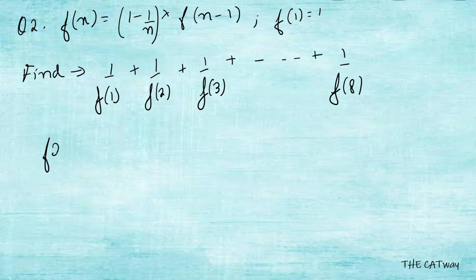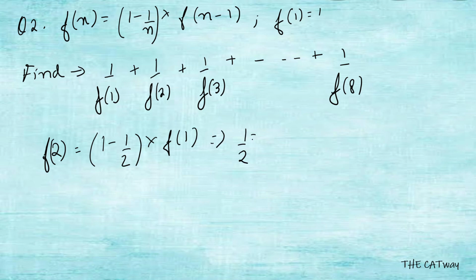Now n is equal to 2, so it will be 1 minus 1 by 2 into f(2 minus 1), that is f1. We get 1 minus 1 by 2, which is 1 by 2, and f1 we have been given as 1. So f2 will be equal to 1 by 2.